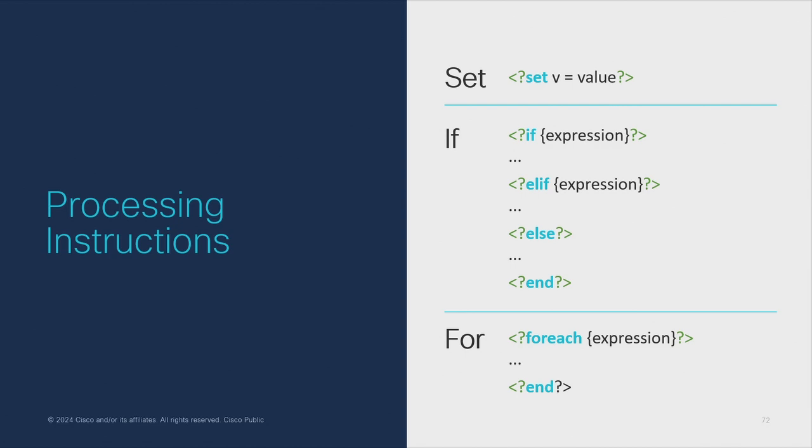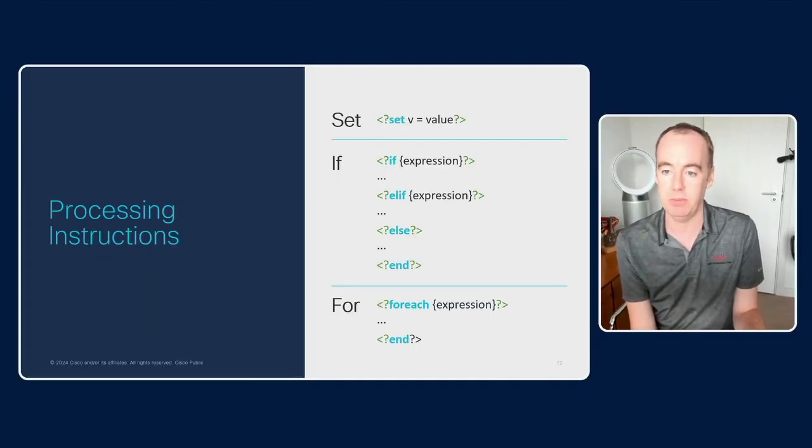We can do conditional statements and for loops. A lot of these features have been around for a long time. The else if is fairly new. That only got added, I think, in 6.2. So if you're using NSO from before then, you can streamline a little bit with the elif statement.